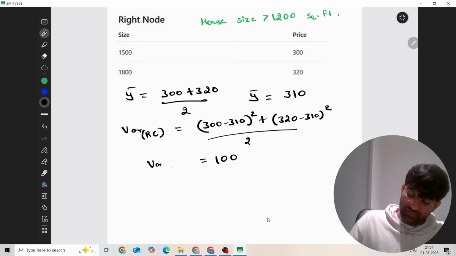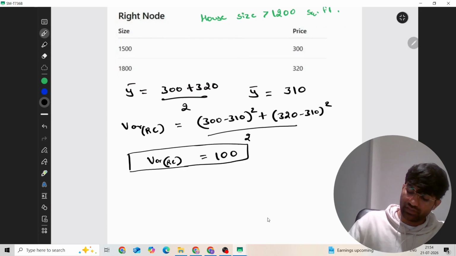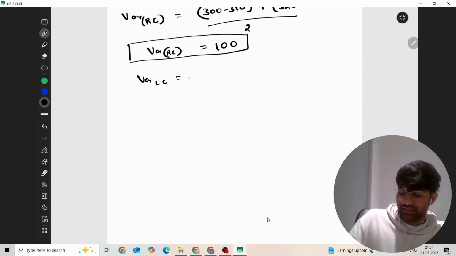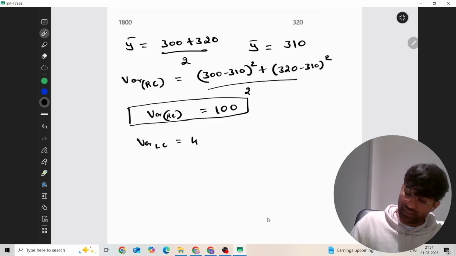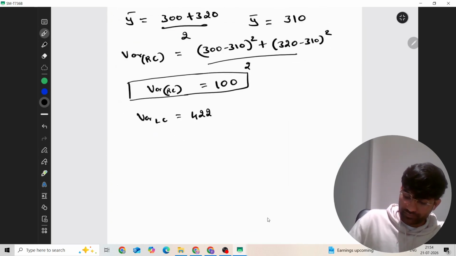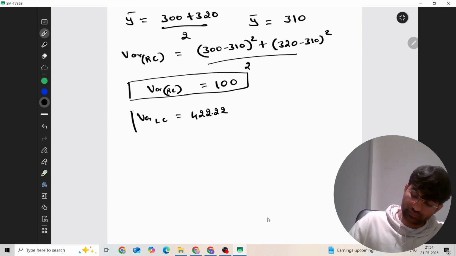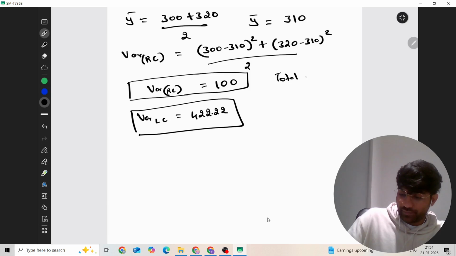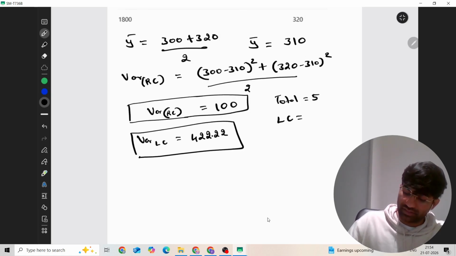So the variance of right child is 100, and the variance of left child is 422.22. Total records I have 5. Left child has 3 and right child has 2 records.